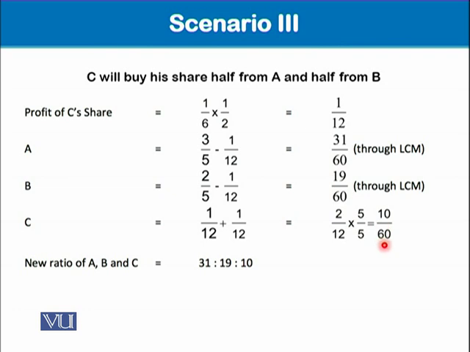So in order to make the denominator equal, we multiply this 2 by 12 by 5 by 5, so that its denominator is the same, 60, 60, 60. So the profit sharing ratio is 31, 19 and 20. So this is how we worked out scenario 3.